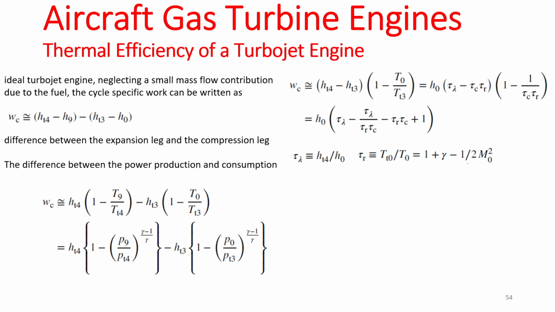Tau r is HT naught over H naught, TT naught over T naught, which equals 1 plus gamma minus 1 over 2 M squared. And tau c is your compressor temperature ratio.